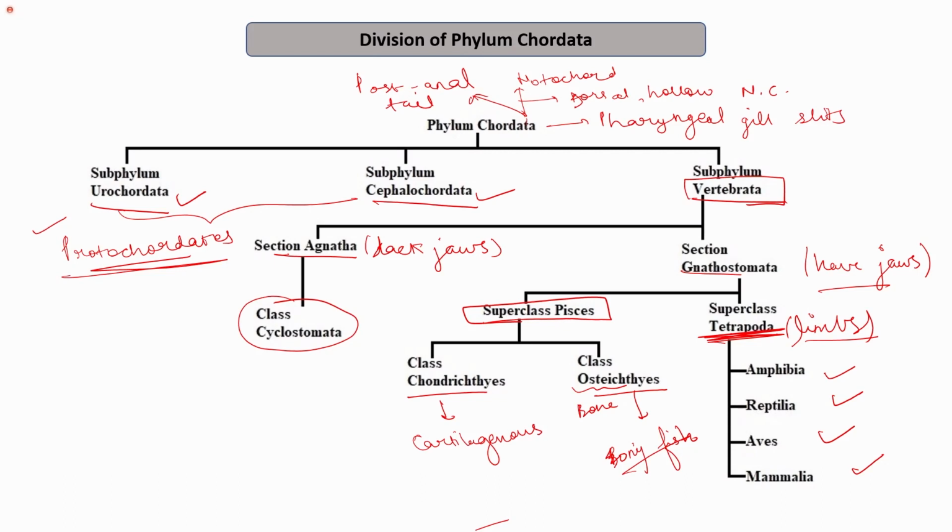We belong to class mammals, and we have four limbs, two hands and two legs. So the superclass tetrapoda is further divided into classes like amphibia, reptilia, aves, and mammals. We will see about each of these subphyla and classes one by one in the lecture.